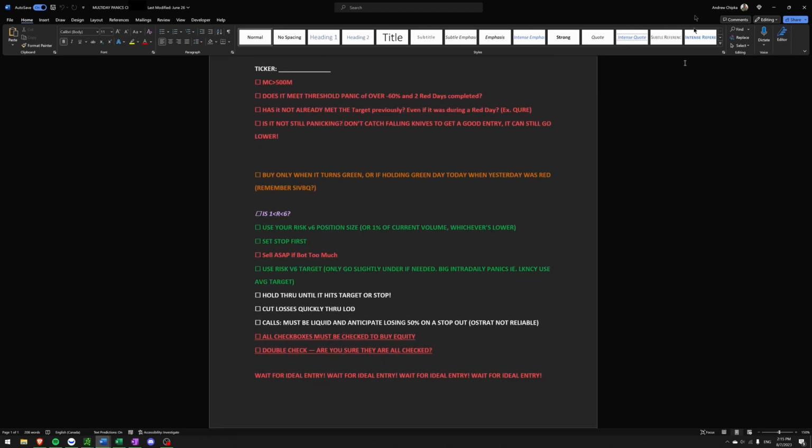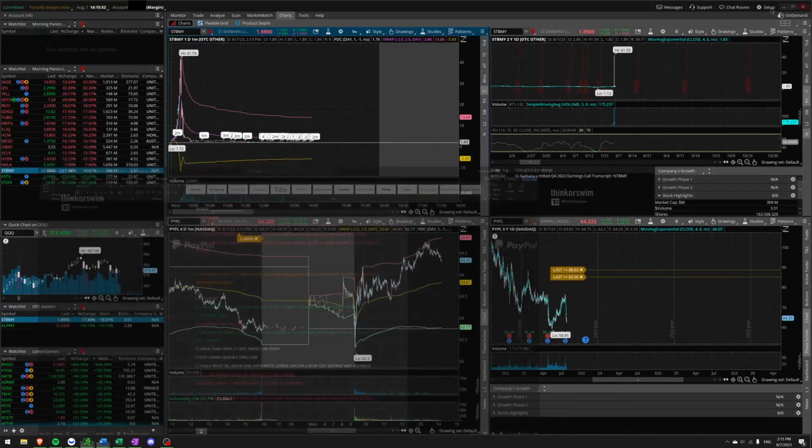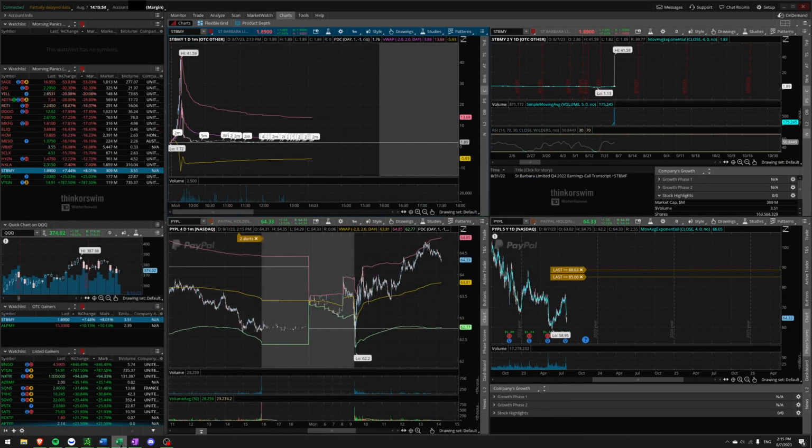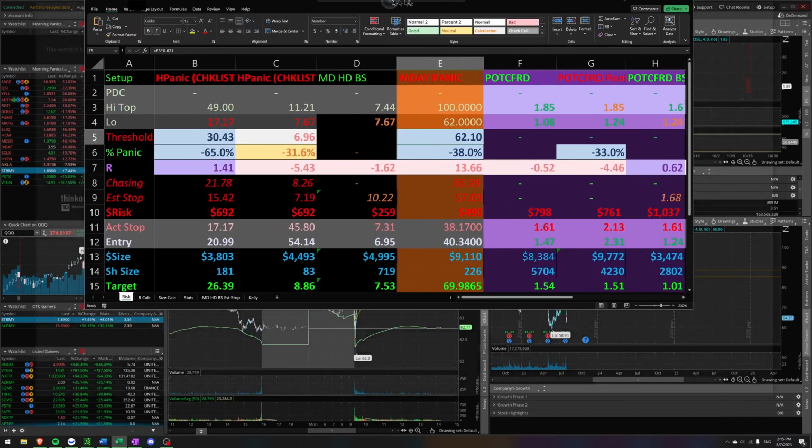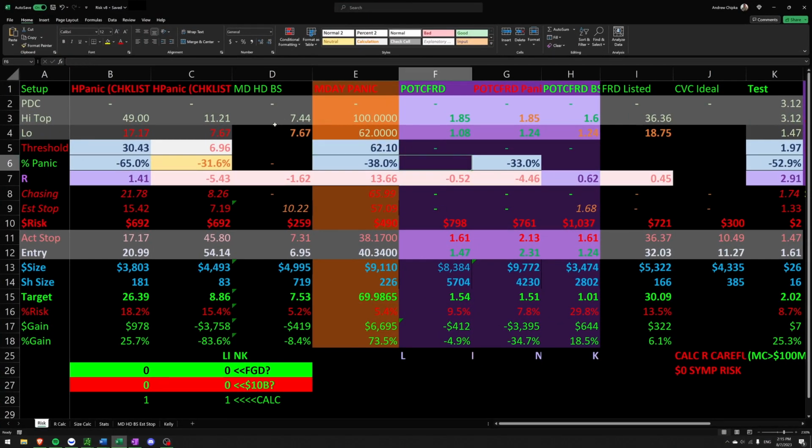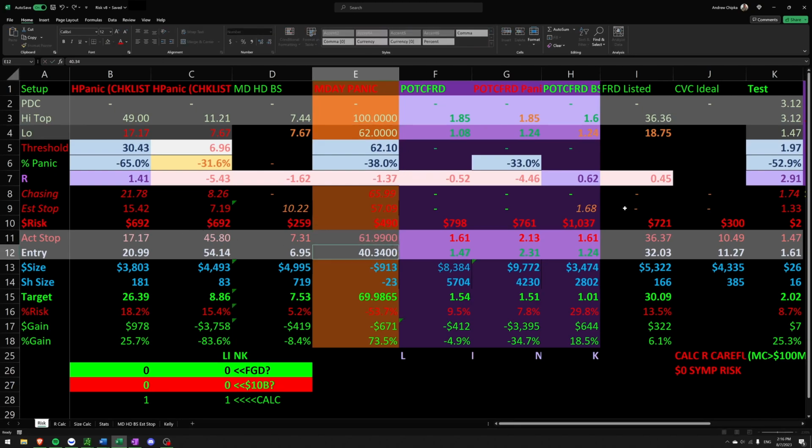So this is very important. I have all of these checked off, and then I place my trade according to my spreadsheet. I put all the criteria into here. So let's say the top of the range was 100 and it panicked down to 62. My stop would be at like 61.99, right under the low.